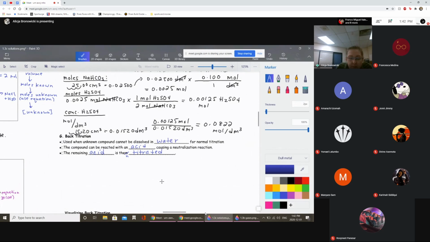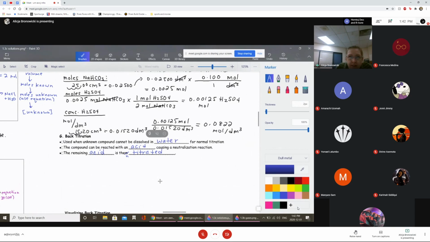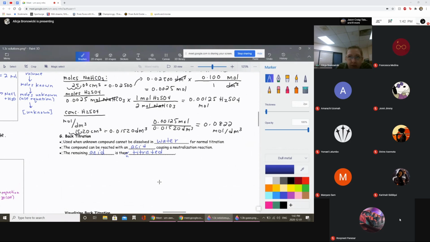Okay, so that's a back titration. The way it works is you find out how much of something you've used by how much you have left over.